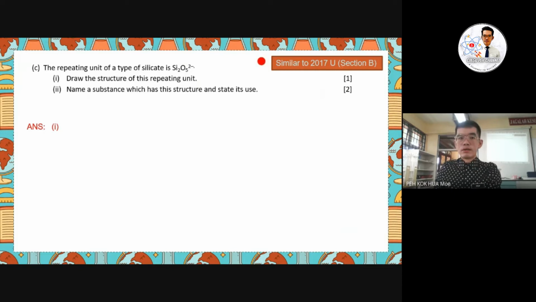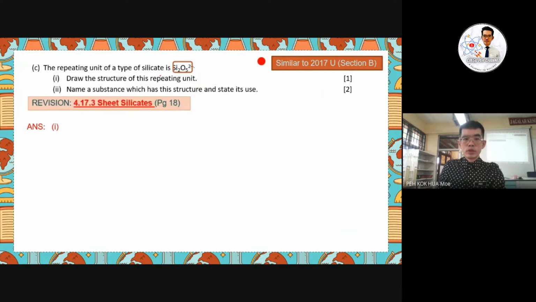You have to draw the structure of the repeating unit, name the substance, and then give a use of the substance. Here the repeating unit is already given, so you have to draw it.